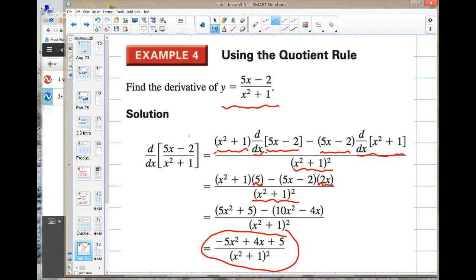Watch out for this minus sign here, that applies to the entire quantity. Other than that, it's just algebra 1 stuff. If you're thinking that's an ugly looking derivative, I'm not going to argue with you. But we did it. So you can take the derivative of a quotient.